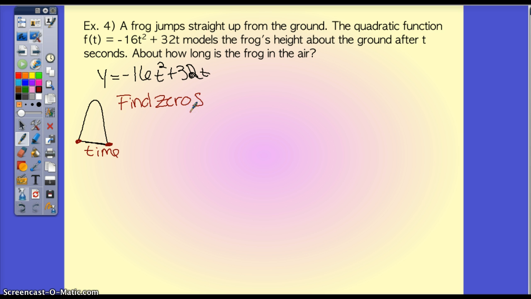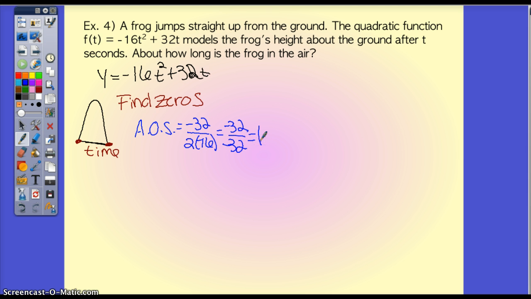We know that the axis of symmetry equals negative 32, because that's our b, over 2a, which is negative 32 over 32, which equals negative 16 over negative 32, which equals positive 1.